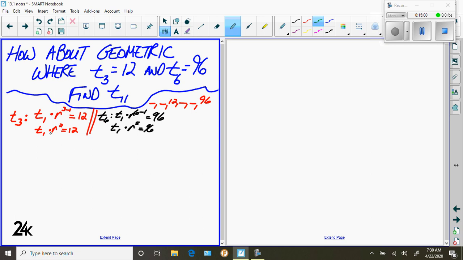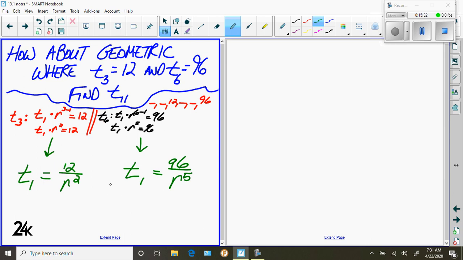So I have two equations that have exactly the same variables. The first term, t sub 1, and r. So I can take this one right here and solve it for the first term. The first term is 12 over r squared. But I also know over here that the first term is 96 over r to the fifth.